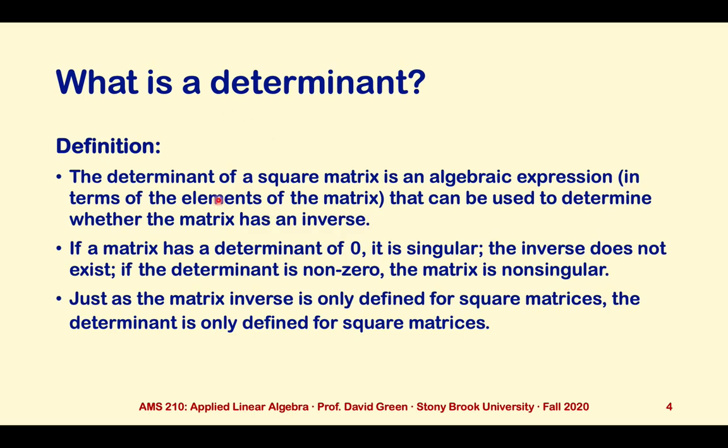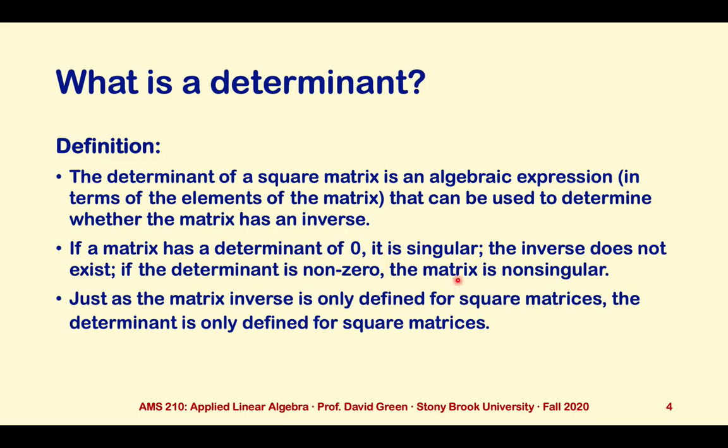It has the property that if a matrix has a determinant of 0, it is singular, the inverse does not exist, while if the determinant is non-zero, the matrix is non-singular. So it is a number that we can associate with a matrix, computed from the elements of the matrix, that can tell us whether or not a matrix is singular.